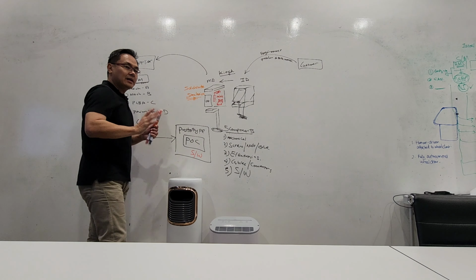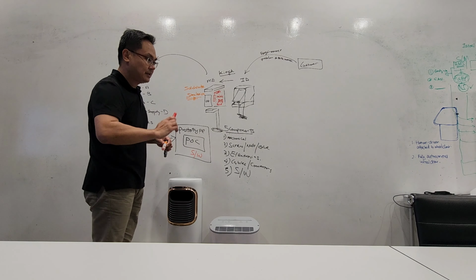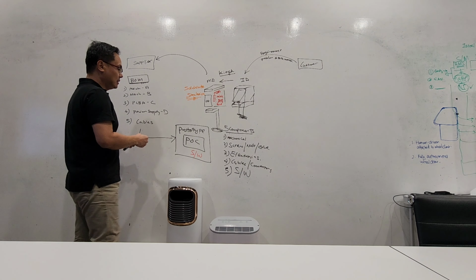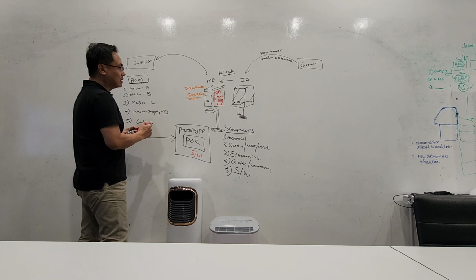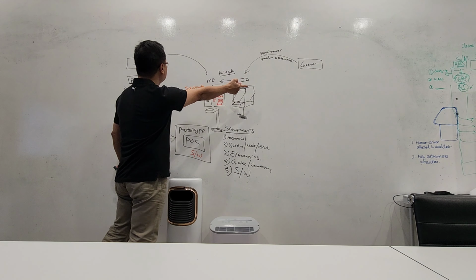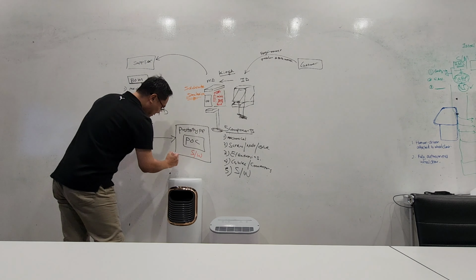Now, again, as I said, no design is perfect on the first try. Not possible. So there is a need for some kind of evaluation with the customers. Go back to this, which is what we call the iteration.